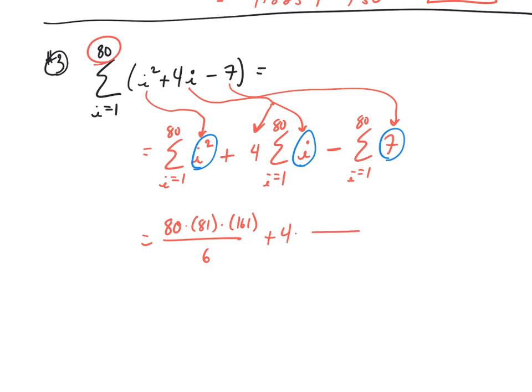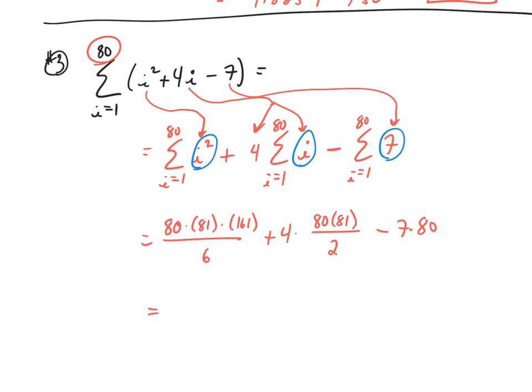For a variable raised to the first power, we take the top number times the top number plus 1 divided by 2. And for a constant, we take the constant and multiply by the top number. Feel free to take a look at each of the shortcuts and see how they match up to what I just jotted down. And then it's just a calculator problem.